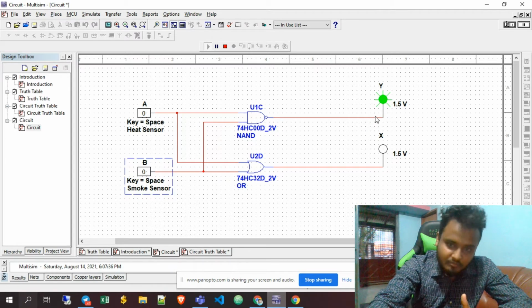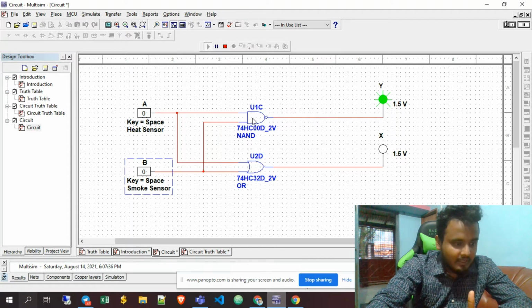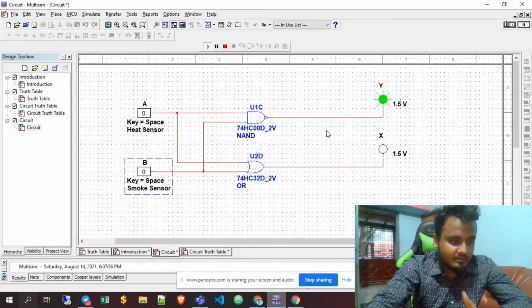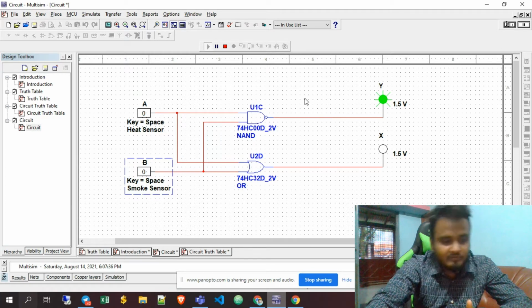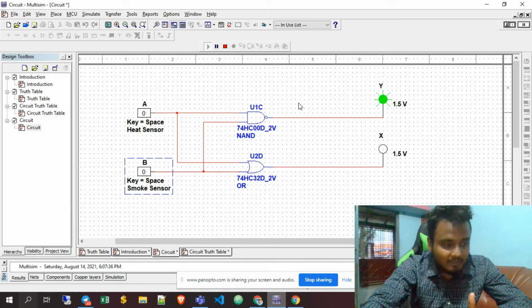We have added the green probe to the NAND gate, and the red probe to the OR gate. So this is the total circuit design of our fire security alarm project.